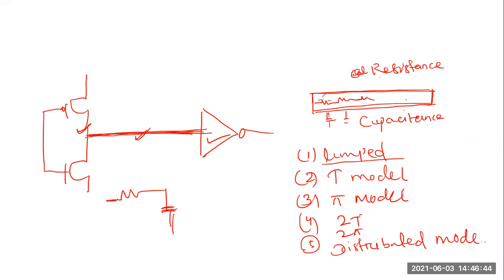That is the lumped model, a very simple model, one R and one C. For this case we calculated the propagation delay tp equal to 0.69 RC. In our inverter case we have not added this; we directly use the device resistance. But in the lumped case, everything is modeled as one resistance and one capacitance.